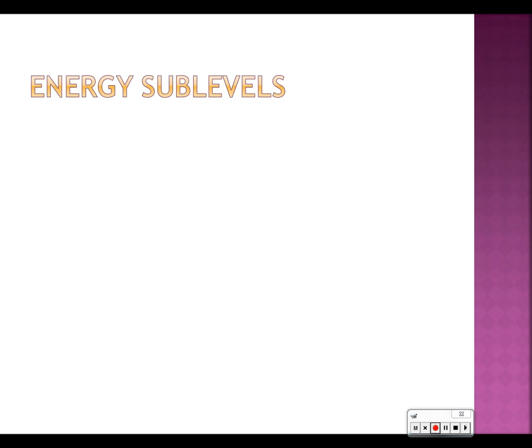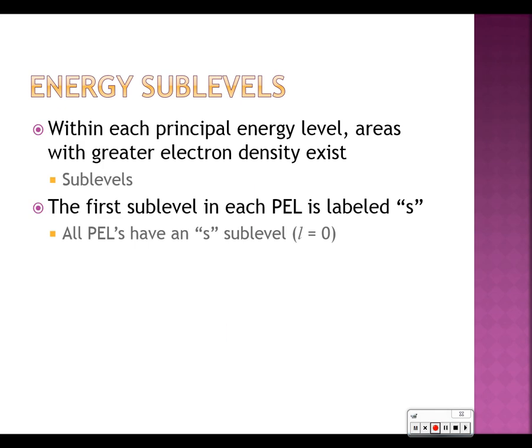Down at the bottom of page 1 of your outline, Roman numeral 4, energy sublevels. A says within each principal energy level, areas of greater electron density exist. We call those areas sublevels. The first sublevel in each principal energy level is labeled as the S sublevel.